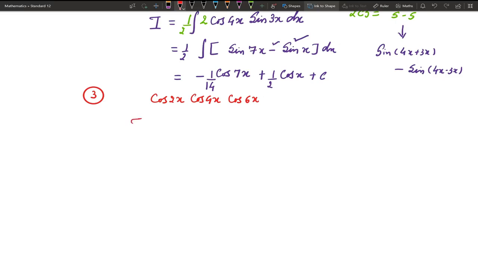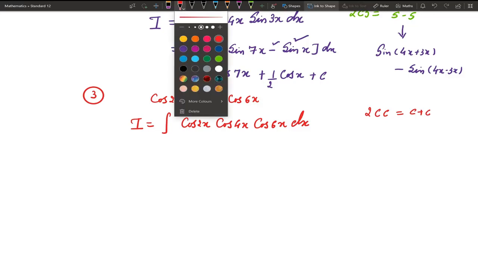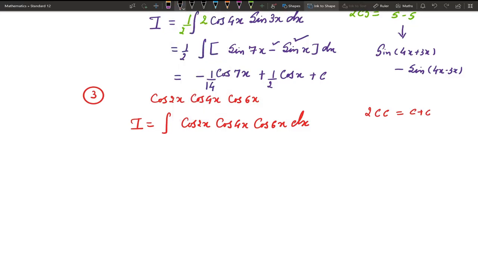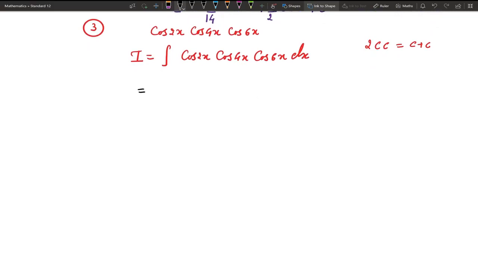So let us denote this integral by I. We have to integrate cos 2x into cos 4x into cos 6x dx. So we have to express this multiplication form as a linear combination of sine and cos functions. For that purpose we use 2 cos A cos B equals cos(A plus B) plus cos(A minus B). So we will use this basic principle of trigonometry. Multiply by 2 and divide by 2.